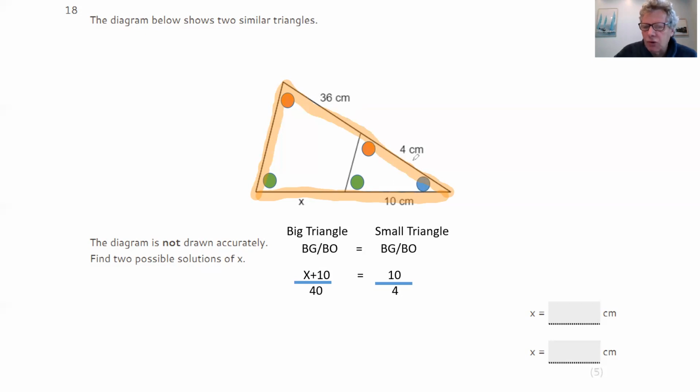In the small triangle, we can just look at it and say blue to green is just 10, blue to orange is just 4. So what we've now done is set up equivalent fractions. We've got one unknown, and all we've got to do is solve it.